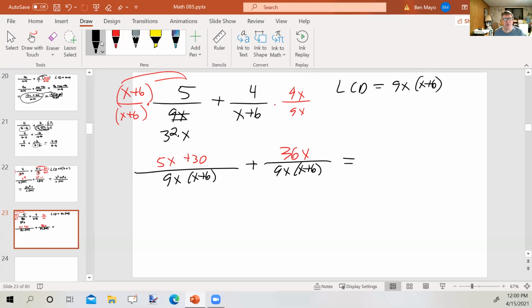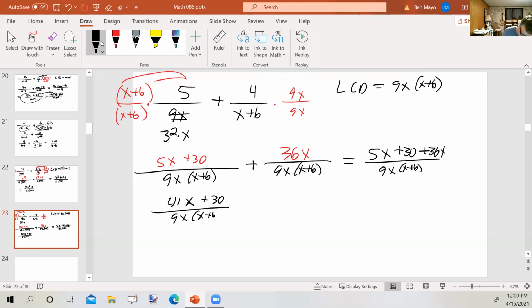I'm now adding two fractions with the same least common denominator, so I add the numerators: 5x plus 30 plus 36x over 9x times x plus 6. Combining like terms, 41x plus 30 over 9x times x plus 6. 41x plus 30 doesn't factor any further, so we can't do anything else with it.